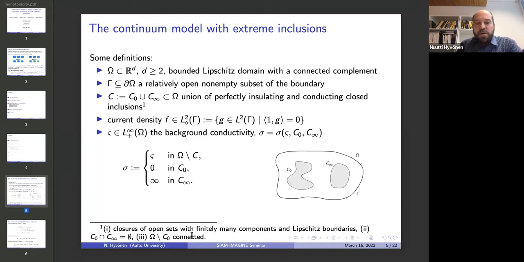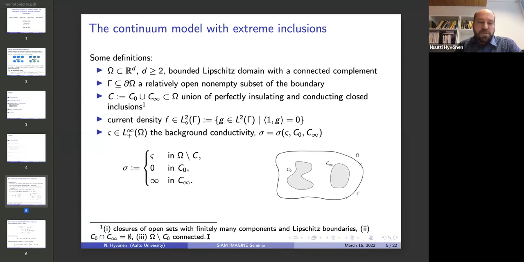And then the complement of the insulating inclusion needs to be connected. However, for the forward program to work in the way that I will present it on the next slide, these are sort of too heavy assumptions, because you can see that the variational formulation that I keep works for more general geometries.